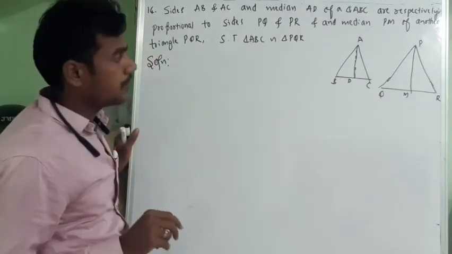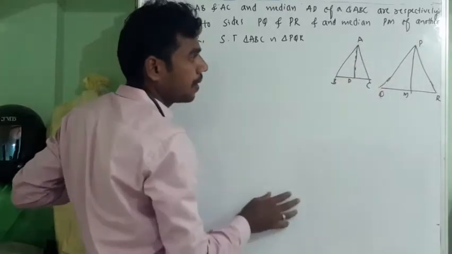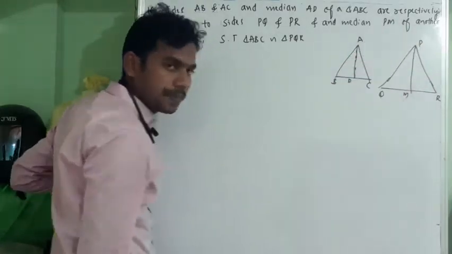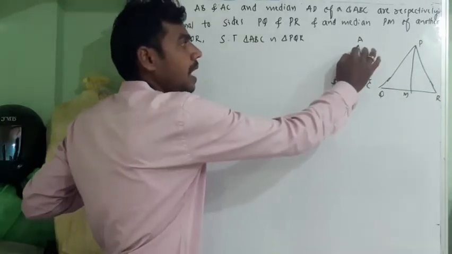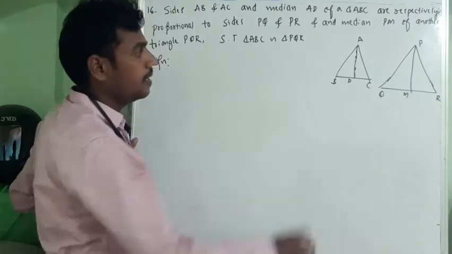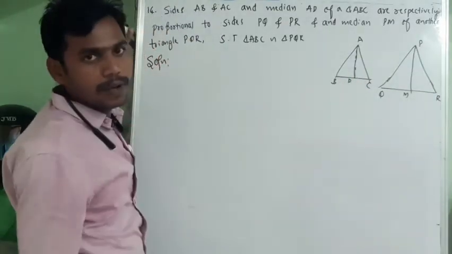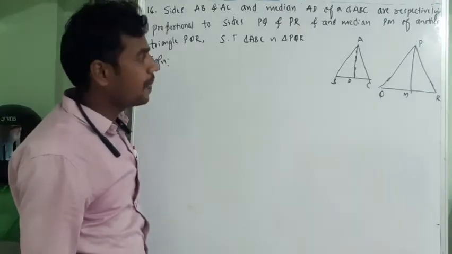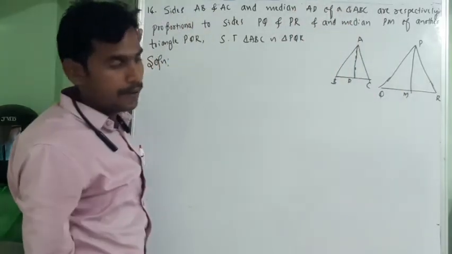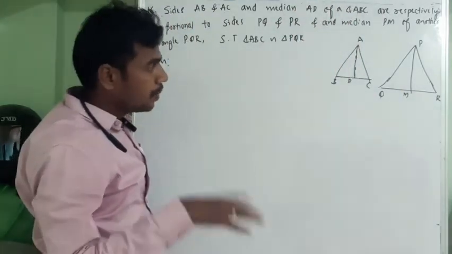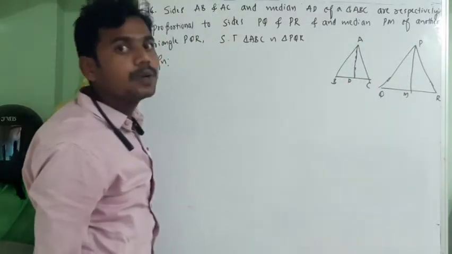There are two possibilities. See, already we have AB by PQ, AC by PR. So if we are able to show that angle BAC is equal to angle QPR, then through the SAS similarity criteria, we can say triangle ABC is similar to triangle PQR. But to show these two angles are equal, I need to do some construction.